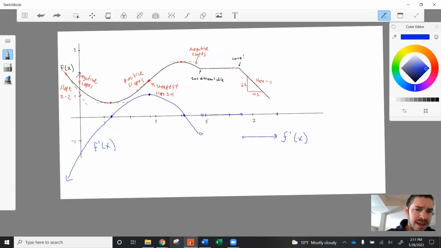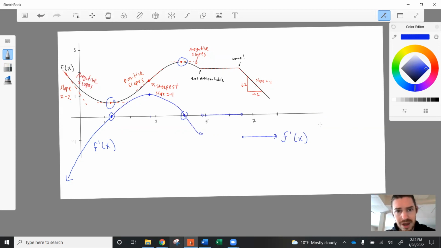And when f of x has a maximum or a minimum point, at least in these instances, f prime has an x-intercept. That's not a universal rule, as we will learn when we get to chapter 4. We'll talk more about maximums and minimums then, but it is a helpful connection that often holds true.